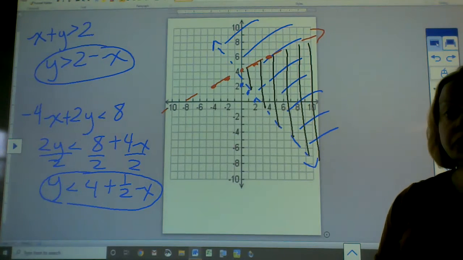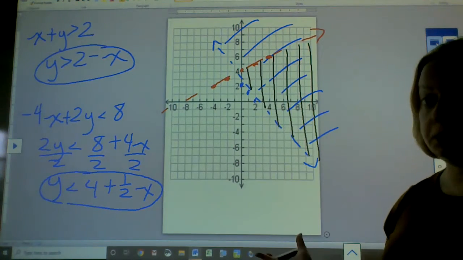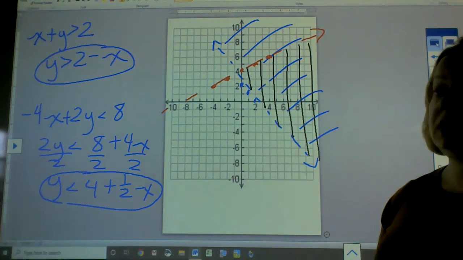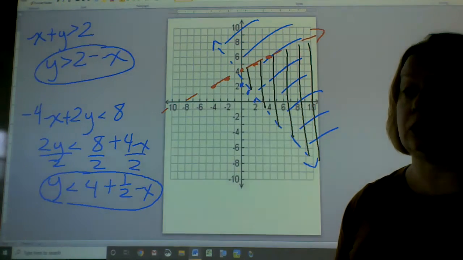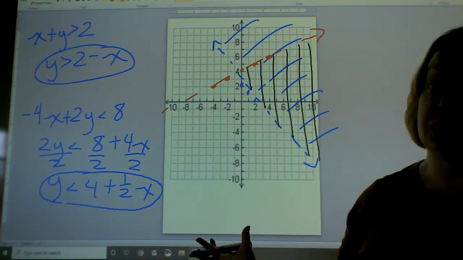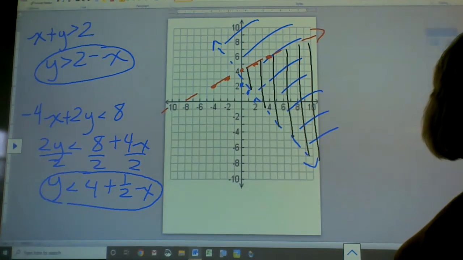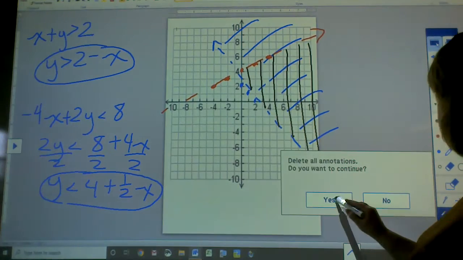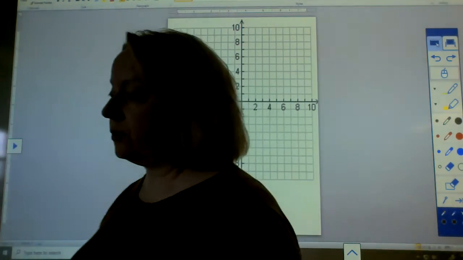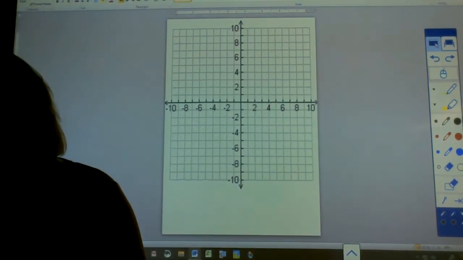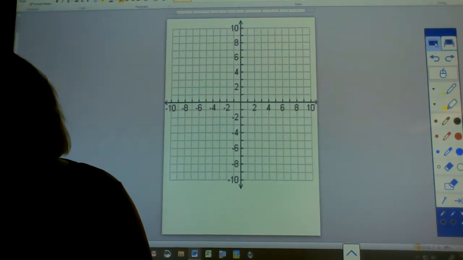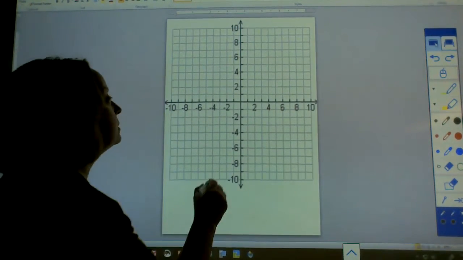So now we're going to move to where I put up a picture of a system of inequalities, and you have to write the two equations that you started with. So we're going to go backwards in the process. Okay, so the first picture that I'm looking at here is going to be like this.